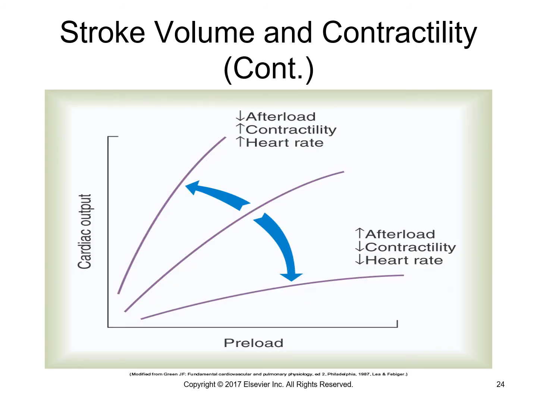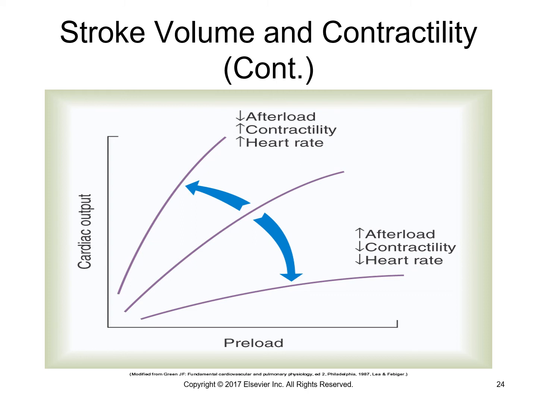This is a diagram that you'll find on page 219 in Egan, and it's basically explaining a hyperdynamic heart, where it says decreased afterload, increased contractility, increased heart rate. It's saying what a hyperdynamic heart would be like, with normal being in the middle.